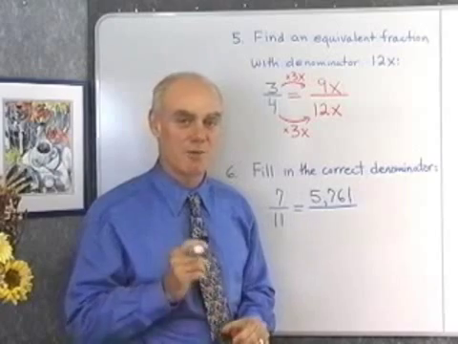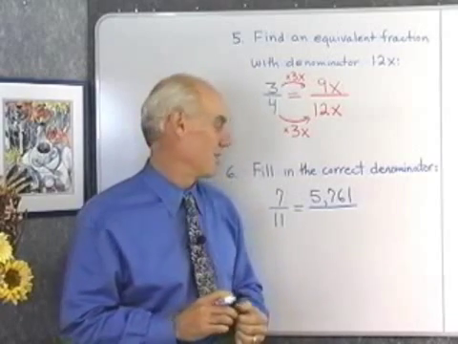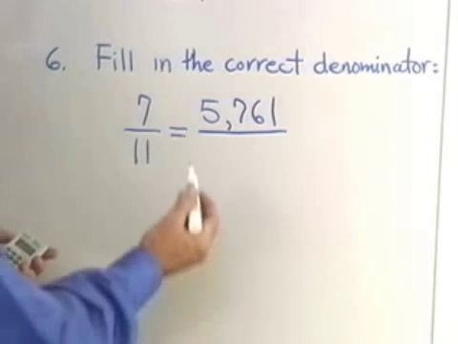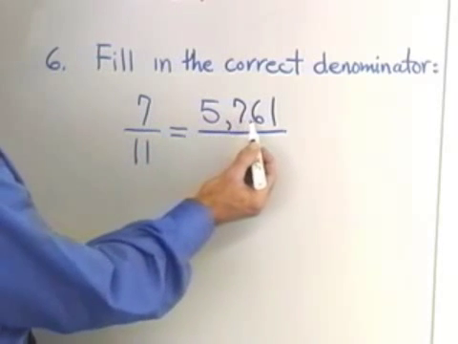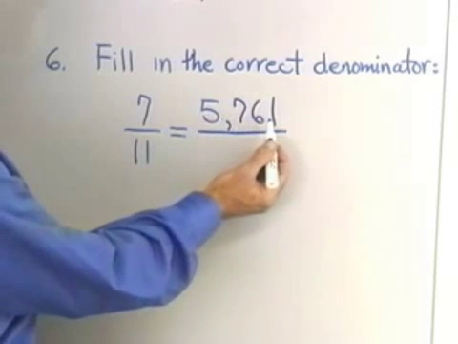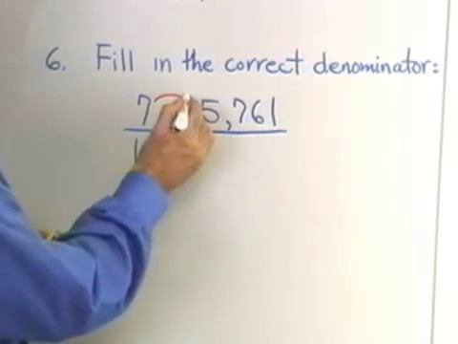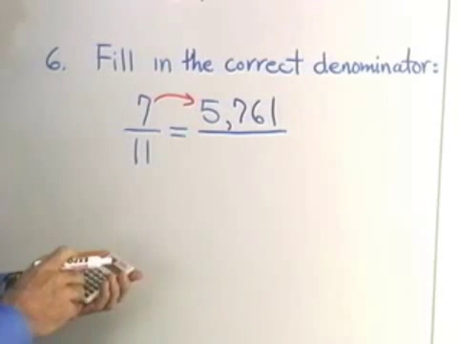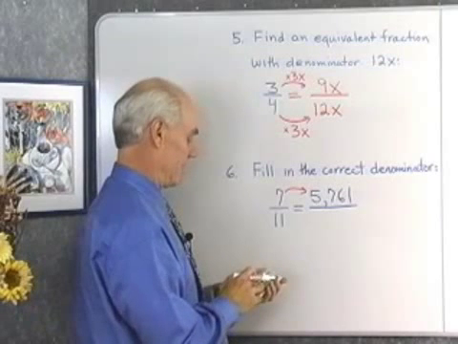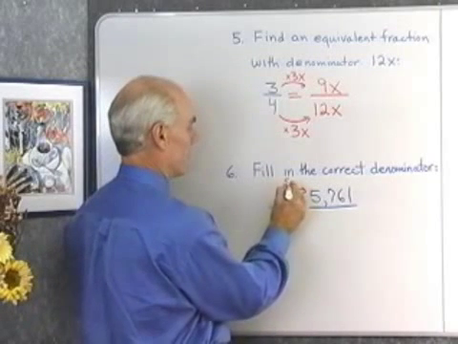The next problem that we're going to look at we'll have to use a calculator on. It says fill in the correct denominator, and I have 7 over 11 is equal to 5,761 over something. So to see how I go from 7 to 5,761, I'm going to use my calculator, and I'm going to take 5,761 and divide it by 7 to see what it is I multiplied by here. 5,761 divided by 7 is 823.